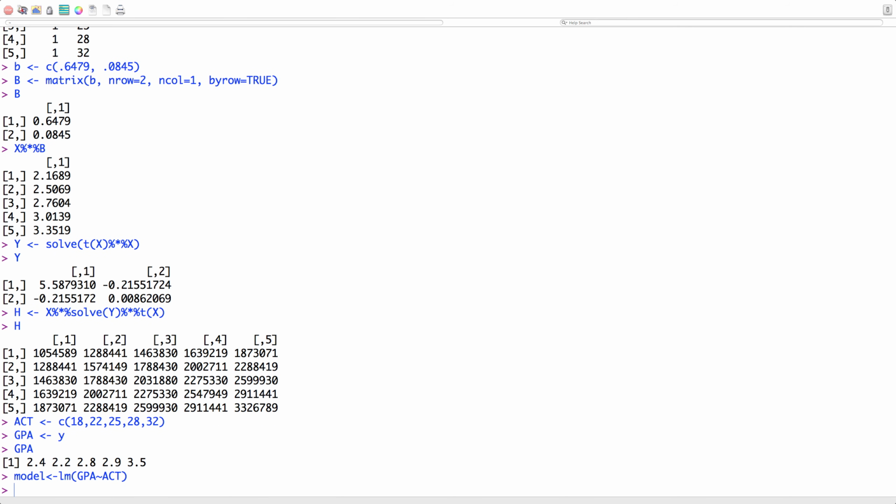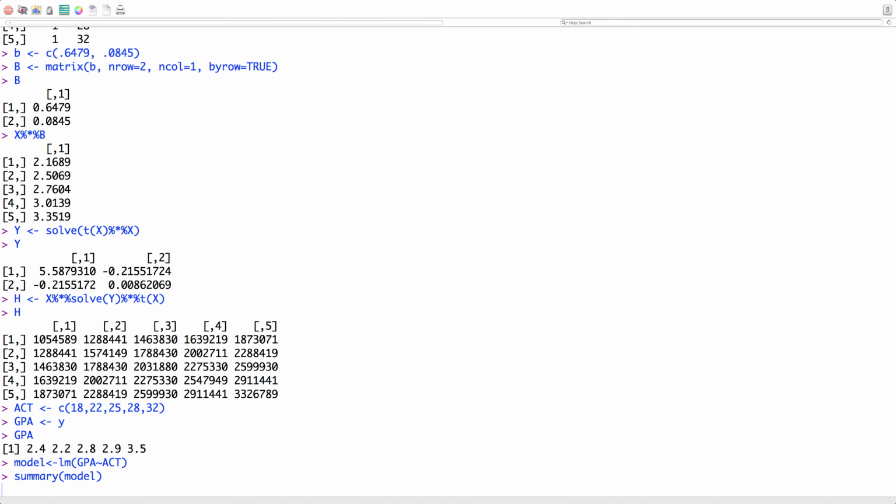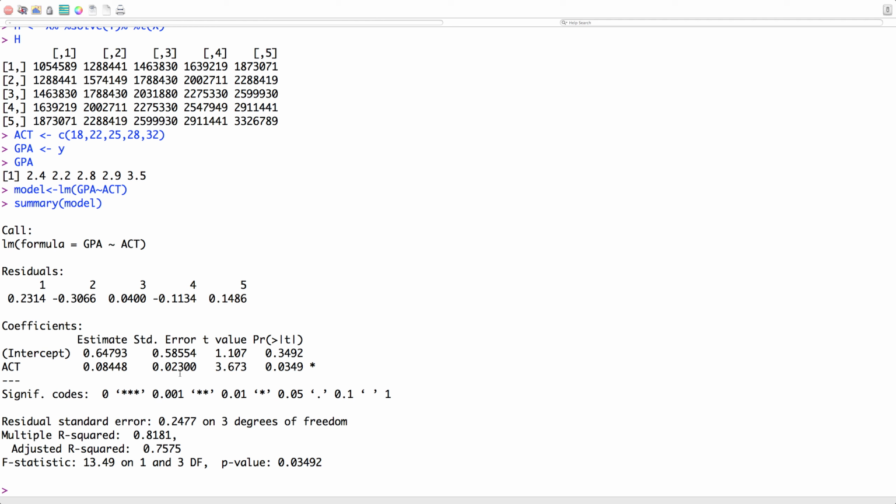And then, of course, we can look at our summary of our model. And what we do is we get our estimates, and we've seen these ad nauseum, 0.647 and 0.0845.